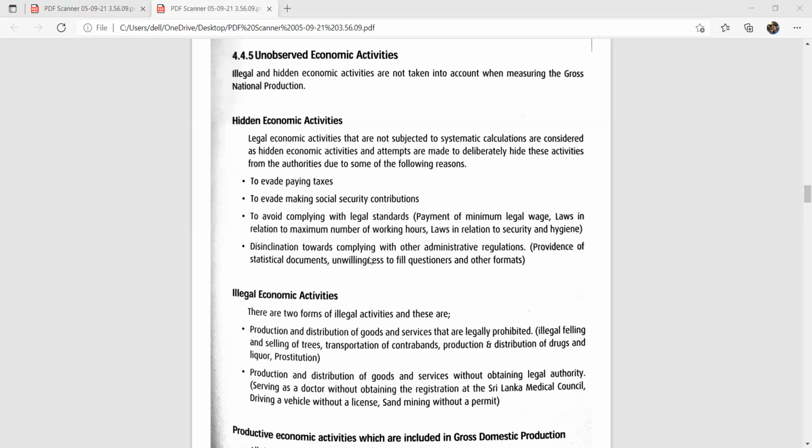Disinclination towards complying with other administrative regulations, provision of statistical documents, unwillingness to fill questionnaires and other formats. So here, they don't like administrative regulations.